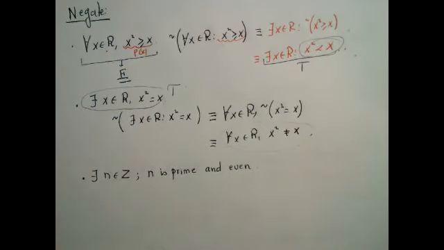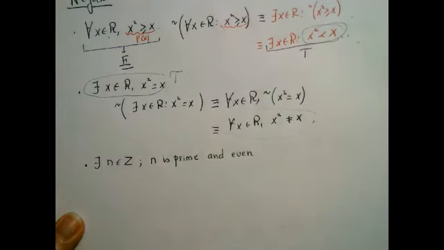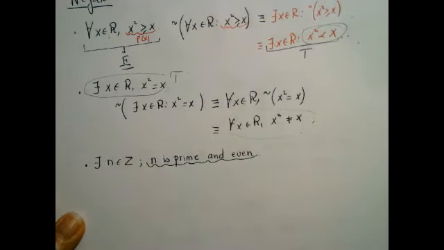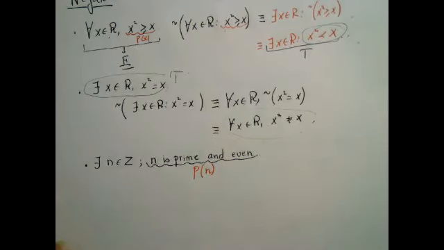All right, now the last one. I want you to negate. So first we have to make sure what's our predicate. That's my predicate. I always focus on it because I want to be sure what I'm doing.